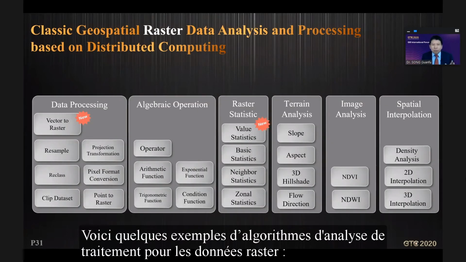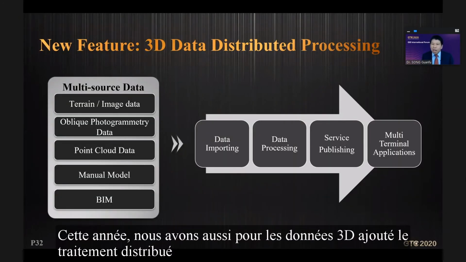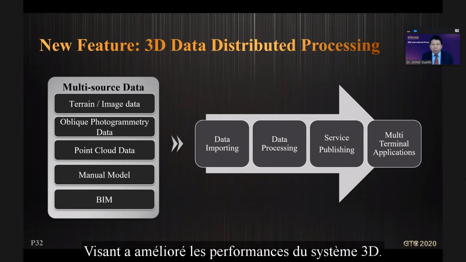These are some analysis algorithms for raster data. This year, we have implemented distributed processing for 3D data, including the inputting, processing, and service publishing of multi-source data. This improves the performance of the 3D system.